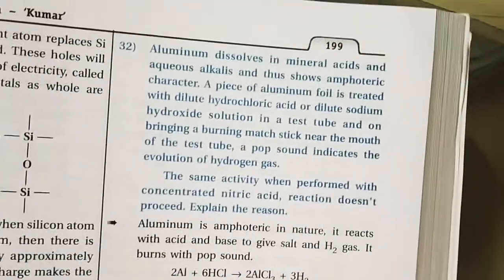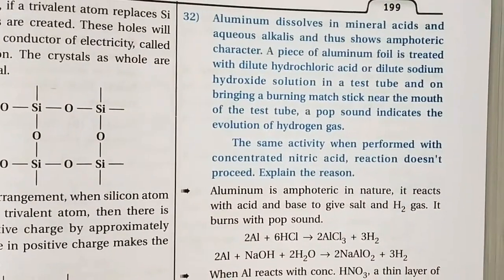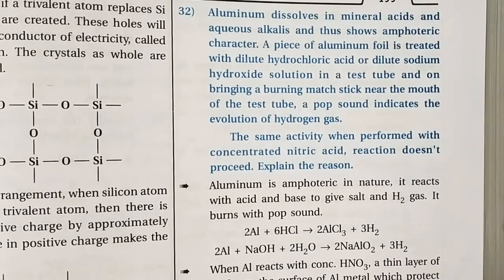Next question is given in this manner. Aluminium dissolves in mineral acid and aqueous alkali, and thus shows amphoteric character. A piece of aluminium foil is treated with dilute hydrochloric acid or dilute NaOH solution in a test tube, and a burning matchstick is brought near the mouth of the test tube. A pop sound indicates the evolution of hydrogen gas. The same activity when performed with concentrated nitric acid, the reaction does not proceed.